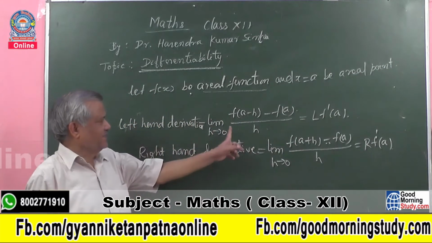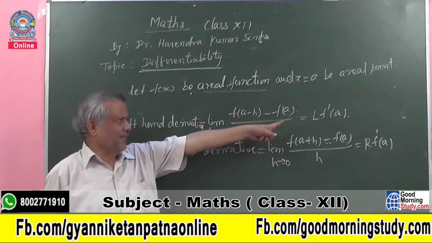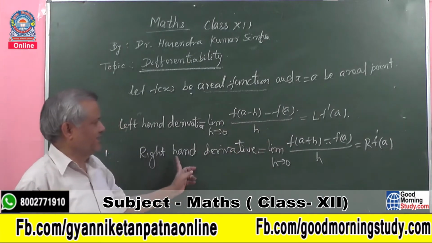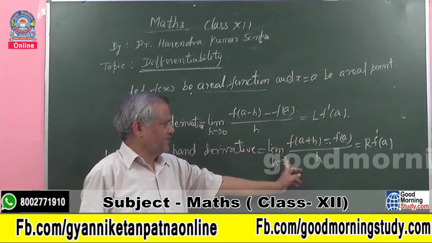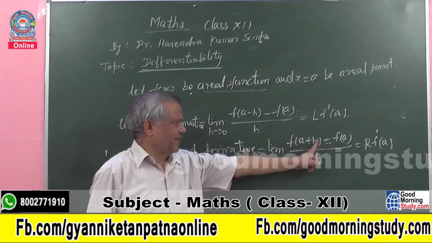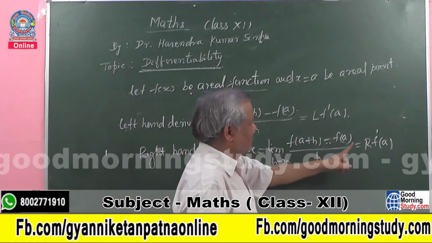Left hand derivative is defined by this limit, denoted as Lf dash a. Right hand derivative is defined as limit h tends to 0, f(a plus h) minus f(a) by h, and it is denoted as Rf dash a.